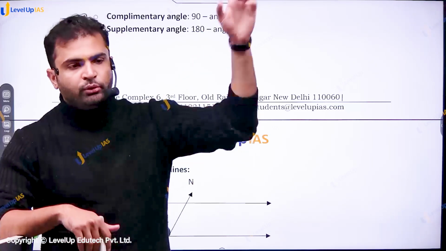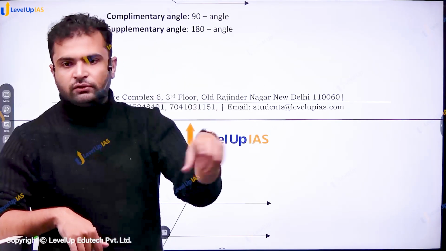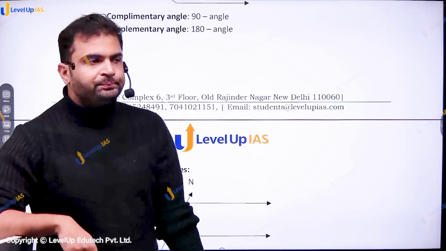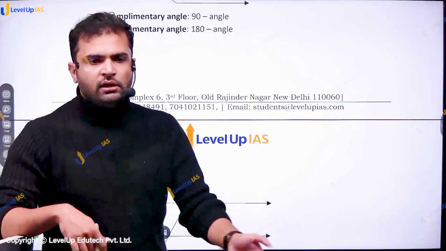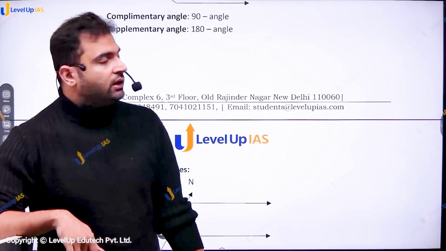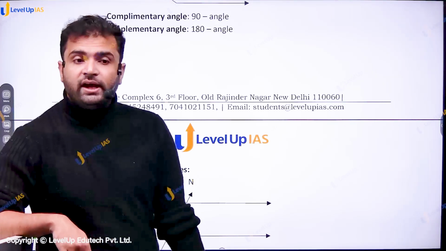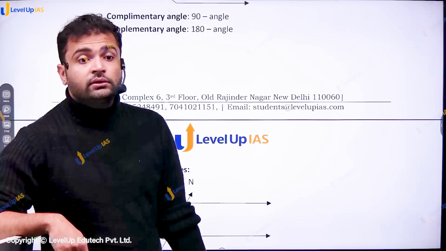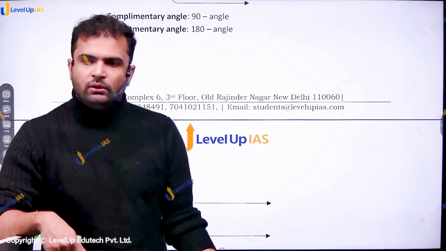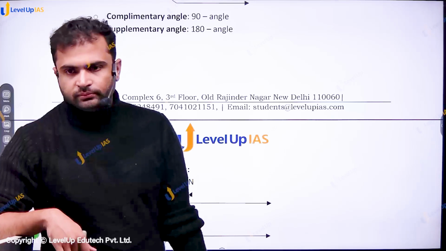When you draw multiple rays from a point, the angle formed at the point would be 360 degrees, complete angle or total angle. Now what else? Right angle 90 degrees, very easy. Then what else did we study? Then complementary angle, 90 minus given angle, and supplementary, 180 minus given angle.